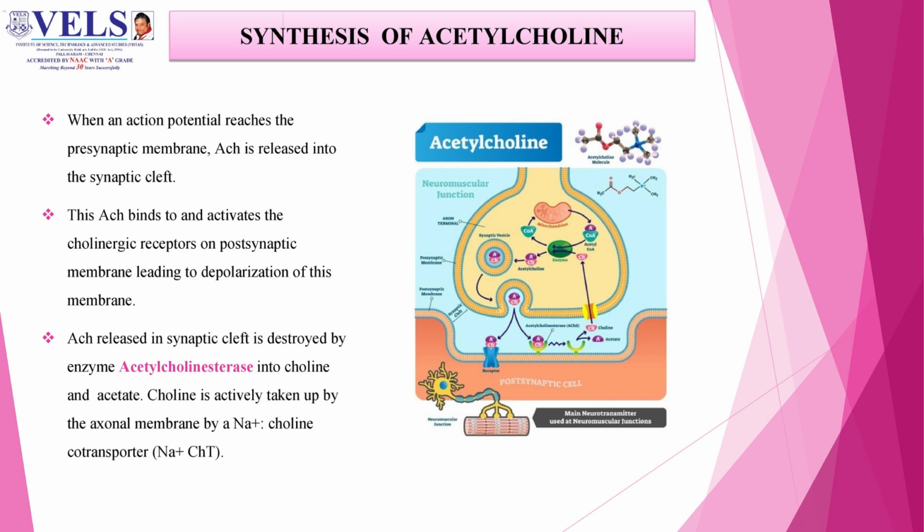Some of the acetylcholine binds to the receptors, whereas some is destroyed by the enzyme acetylcholinesterase into choline and acetate. This choline is actively taken up by the axonal membrane by a Na plus choline co-transporter, where it is recycled to produce acetylcholine again.